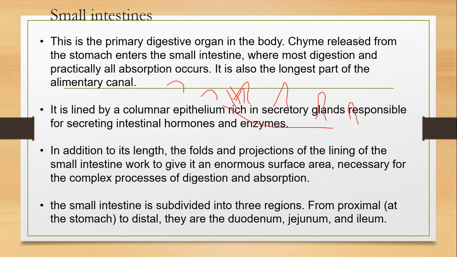If I take the epithelial cells, you find that the epithelial cells on the luminal side will have what we call microvilli. The epithelial cells with the microvilli are also increasing surface area here.